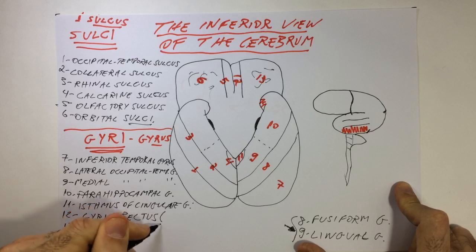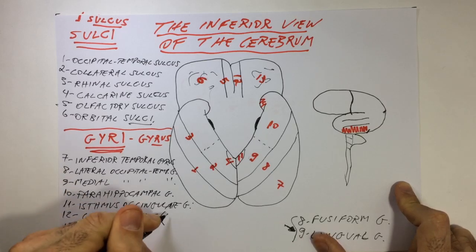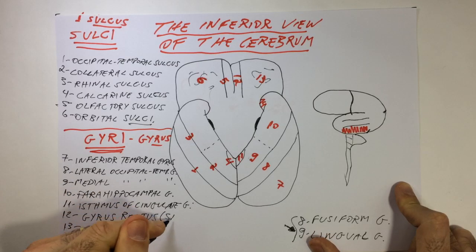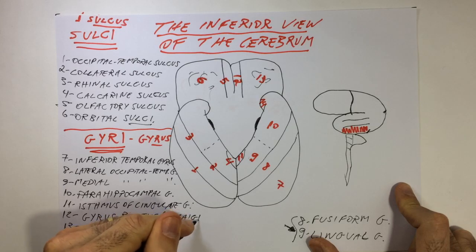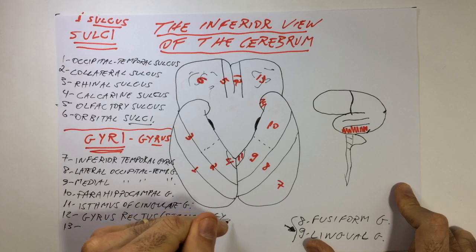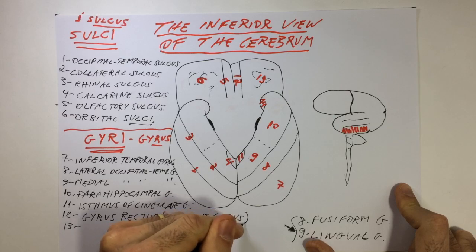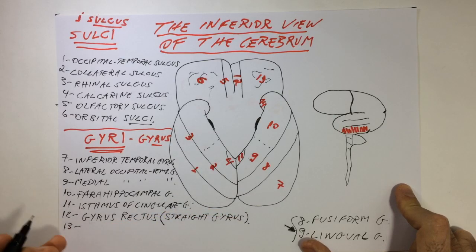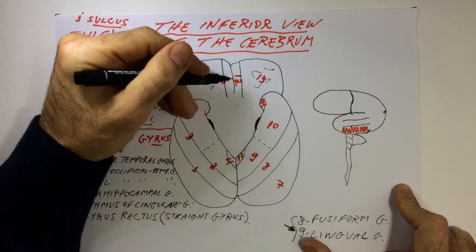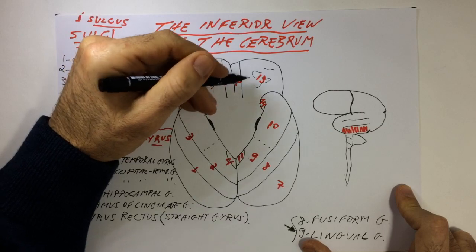Another one is actually simpler than that, straight gyrus. People tend to use both of them. So the gyrus rectus and the straight gyrus. So that would be the name of this structure.